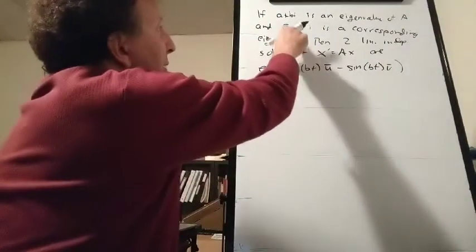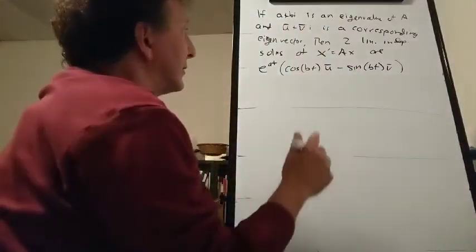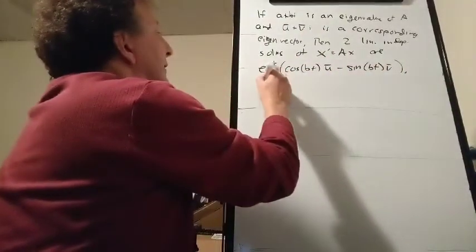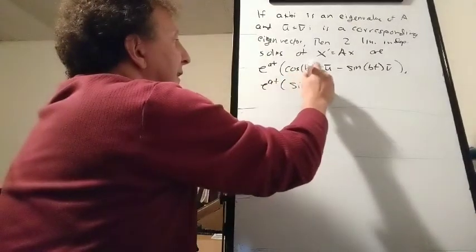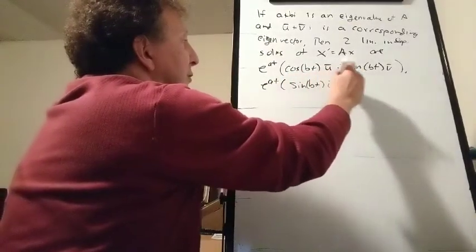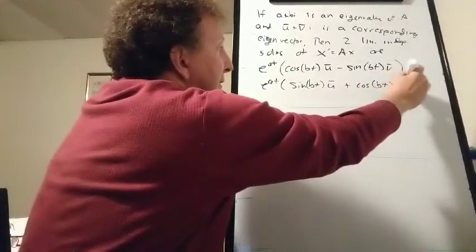So u is the real part of the eigenvector and v is the imaginary part of the eigenvector. And e to the at times sine of bt u plus cosine of bt v.